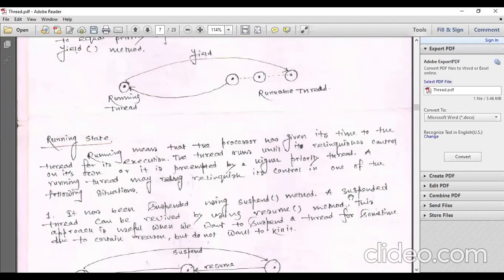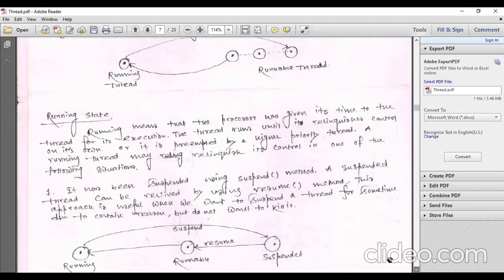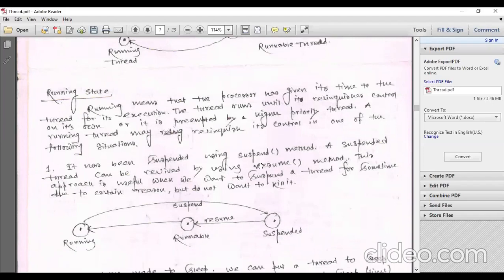A running thread may relinquish its control in one of the following situations. What are the situations? It has been suspended by using the suspend method that I just discussed. Suspend means a thread is in running state, and if you want to suspend a thread for a few minutes or a few milliseconds, you have to call the suspend method.